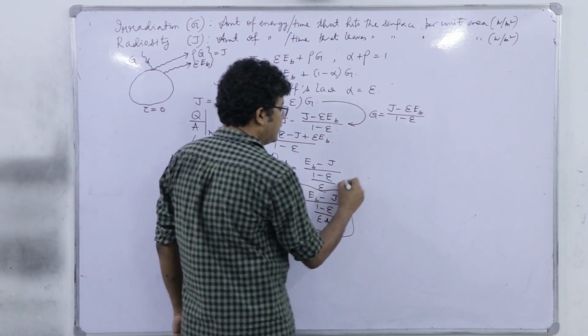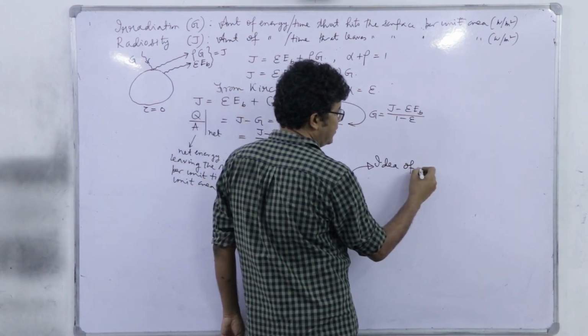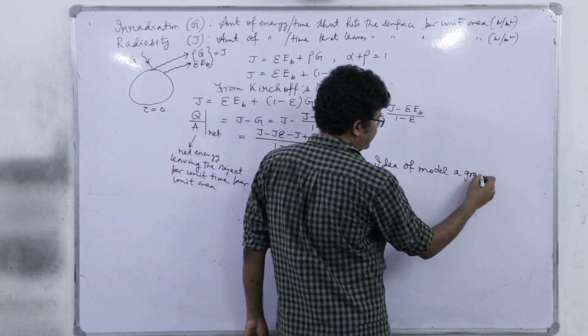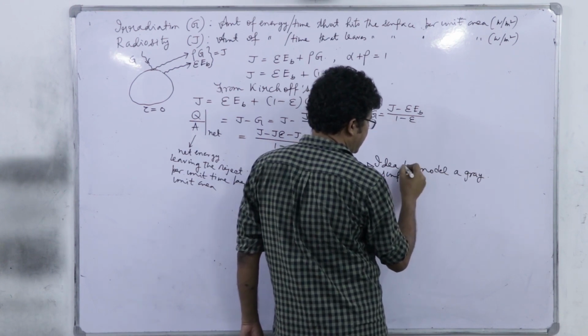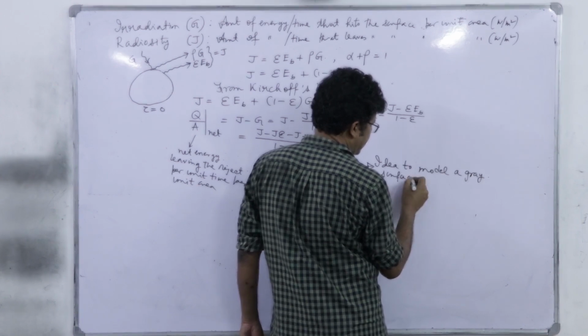So this gives you an idea to model a gray surface. How can it be expressed?